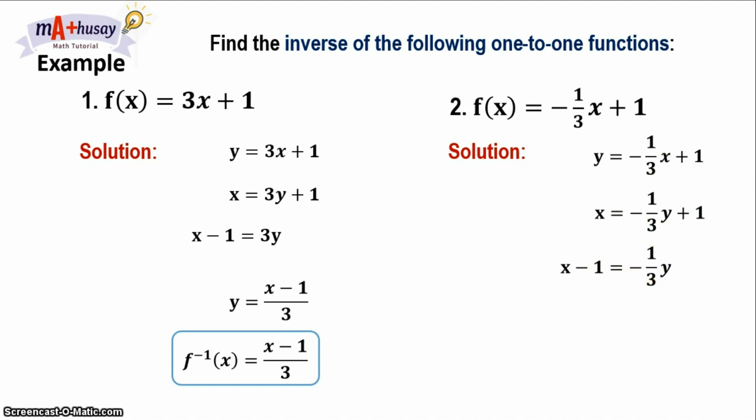So, magmumultiply tayo ng negative 3 sa both sides of the equation. So, kung magmumultiply tayo ng negative 3, we have y is equal to negative 3 times the quantity of x minus 1. So, simplifying the right side of the equation, we have y is equal to negative 3x plus 3.